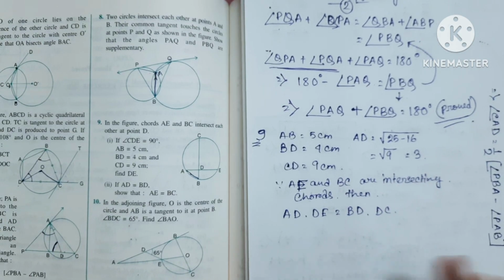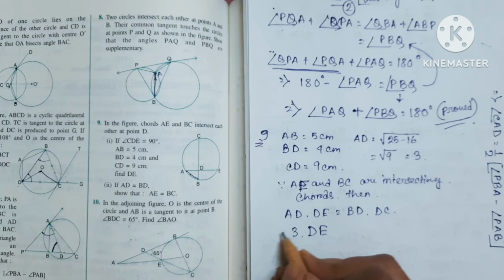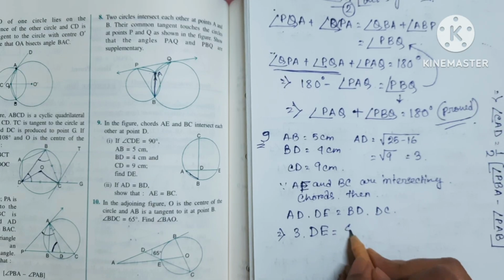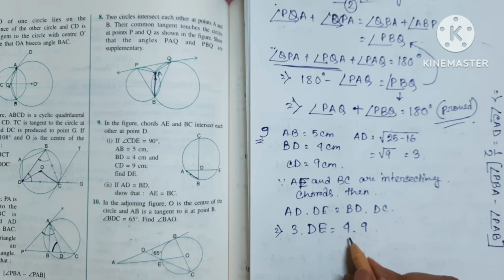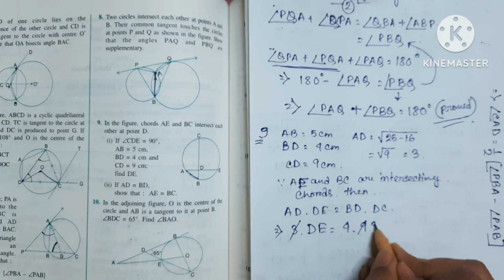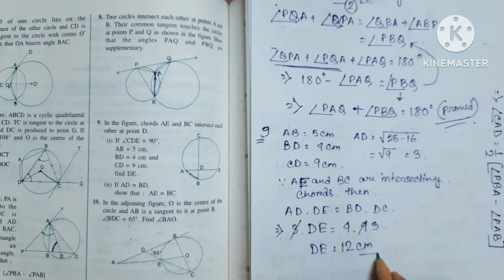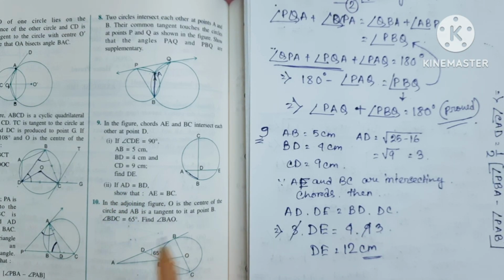Now AD is 3, DE you have to find out. DE equals BD, that is 4 centimeters, into DC, 9, divided by 3. So DE is 12 centimeters.